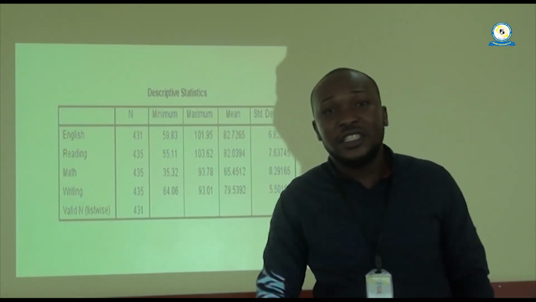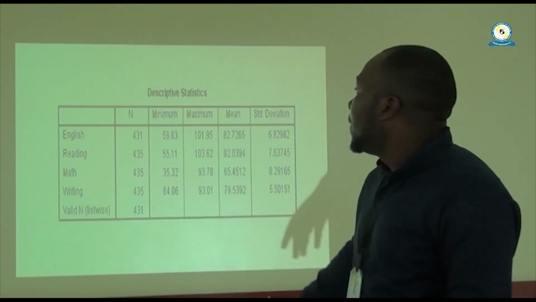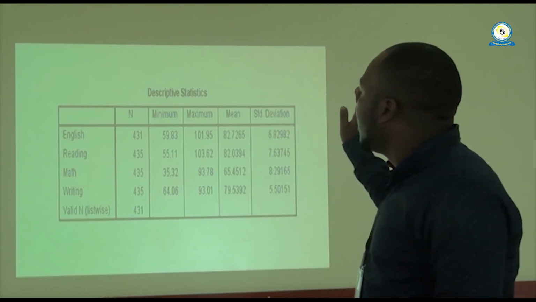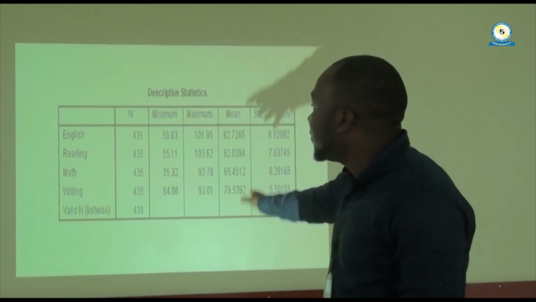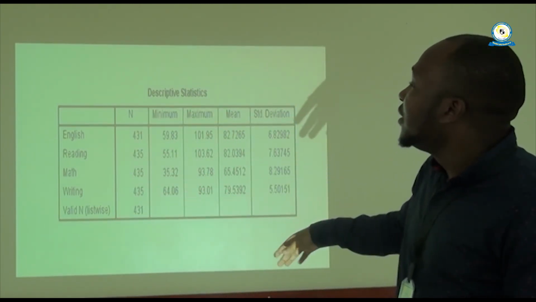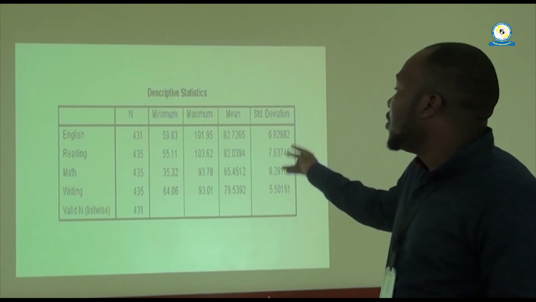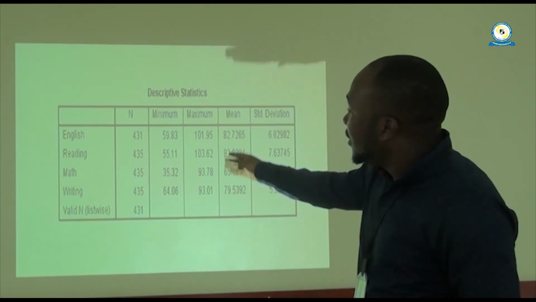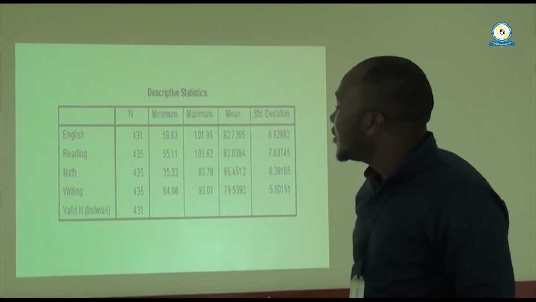Here's an example of a descriptive statistics table. This is centered about an exam, maybe GPA, studying hard in GPA. So you can see the number of observations here. We observed English, reading, math, writing.